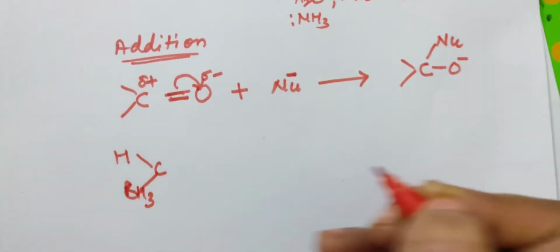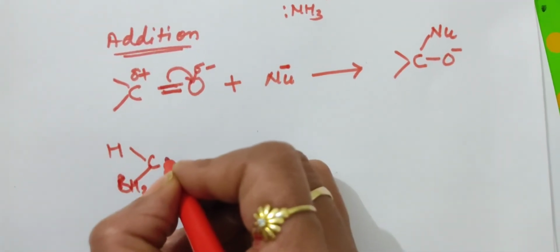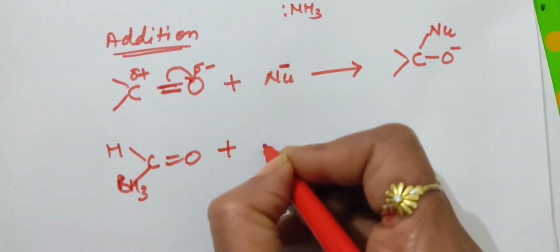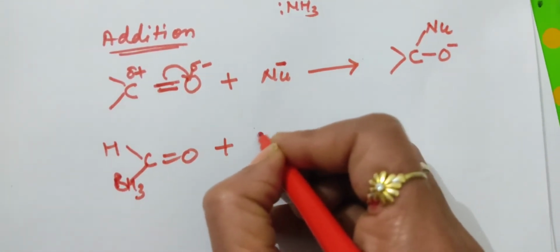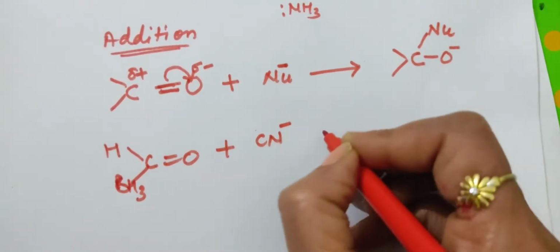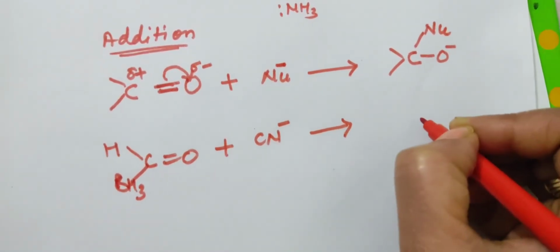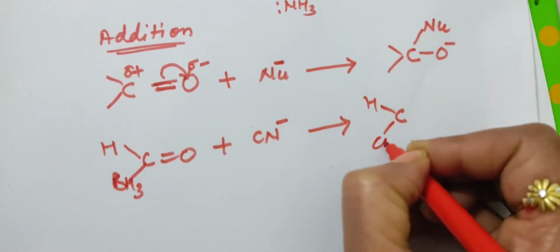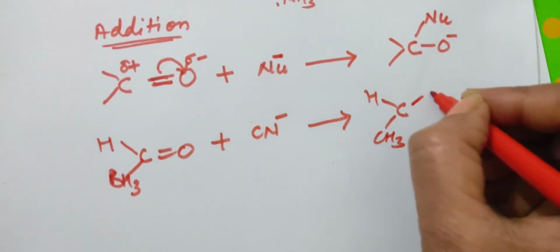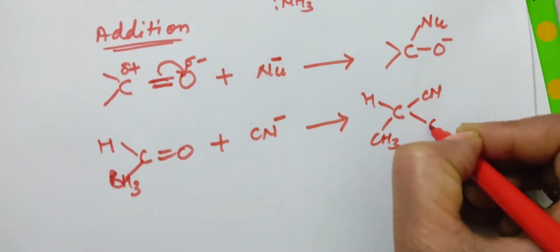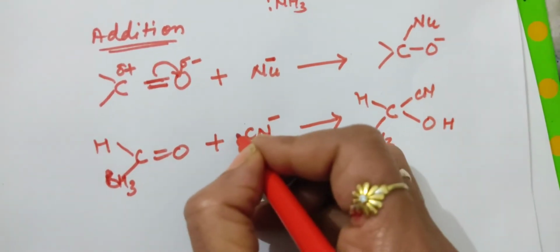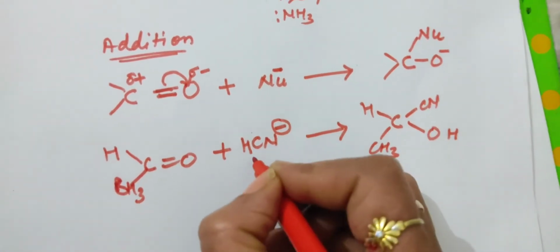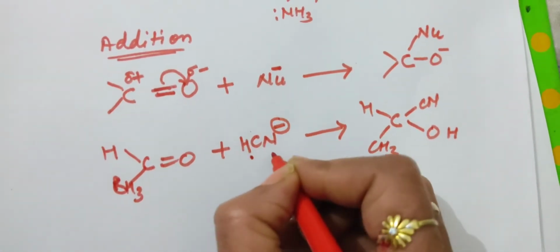I am taking CH3CH=O, this is acetaldehyde, and when any nucleophile, suppose CN negative, is added to it, it gives CH3CH(CN)OH. The H comes from hydrogen cyanide here.